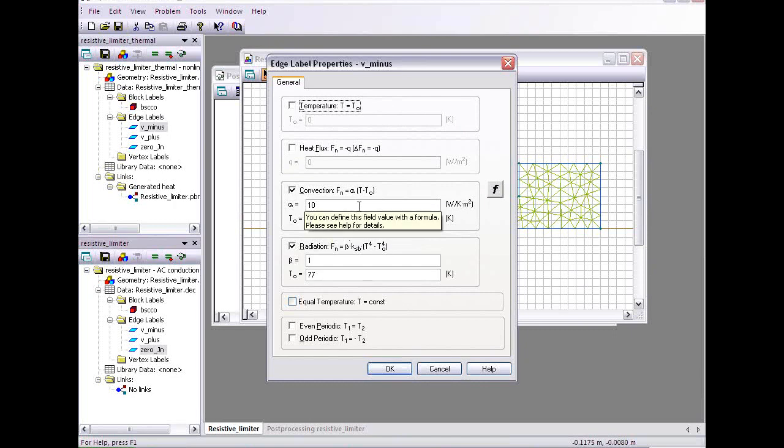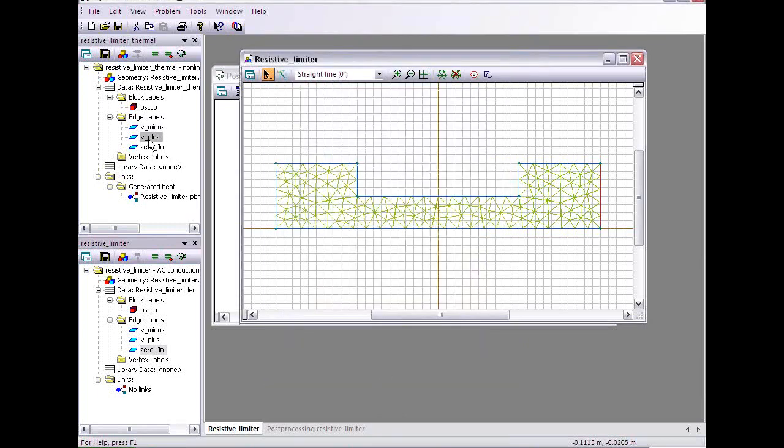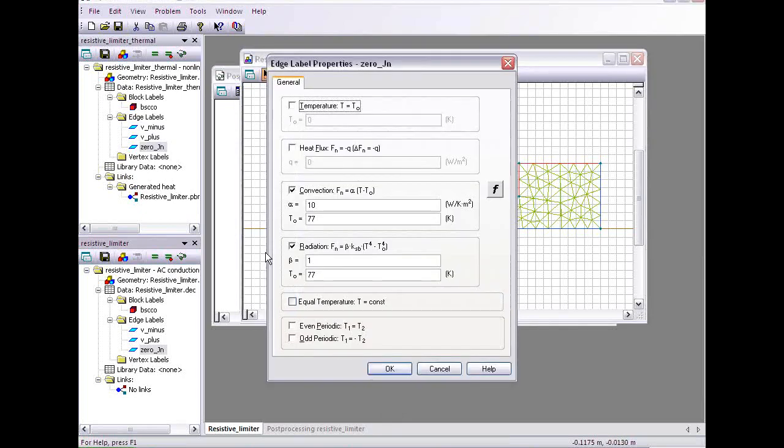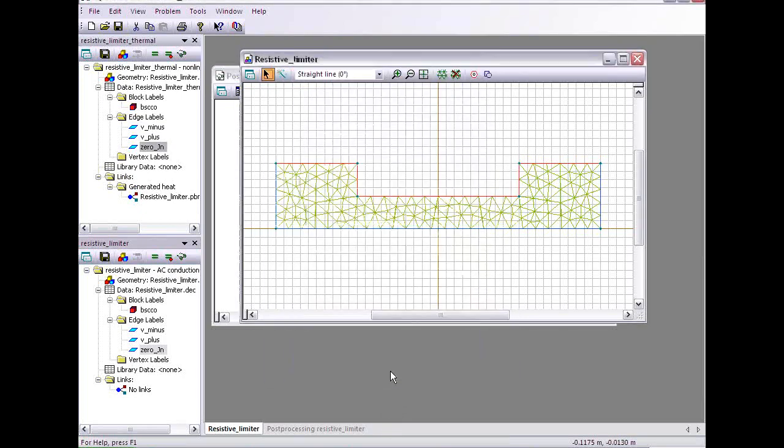We have a convection coefficient of 10 and an emissivity pretty close to 1 in this case. So this is both convection and radiation. The same boundary conditions are applied here to both sides and also on the sides of the wall here. Okay.